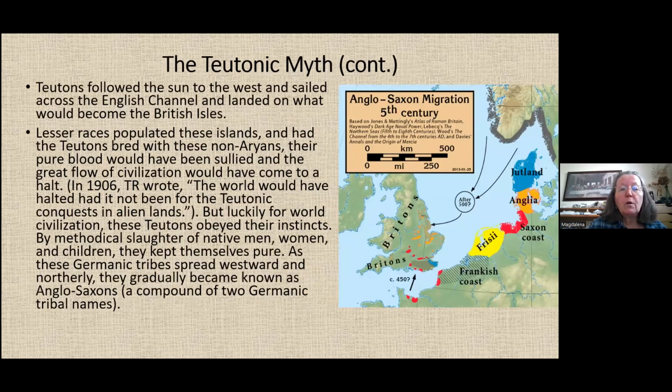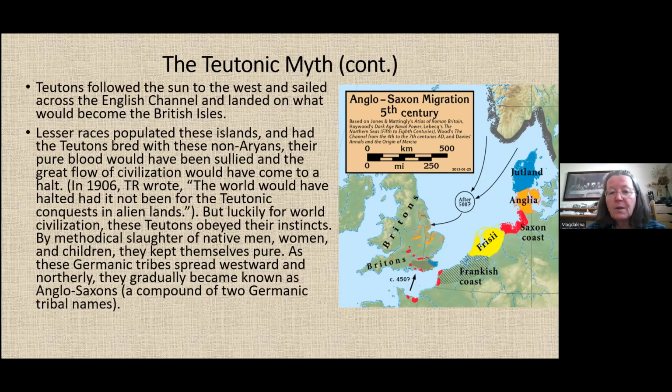Some Teutons followed the sun to the west and sailed across the English Channel and landed on what would become the British Isles. Lesser races populated these islands, and had the Teutons spread with these non-Aryans, their pure blood would have been sullied, and the great flow of civilization would have come to a halt.